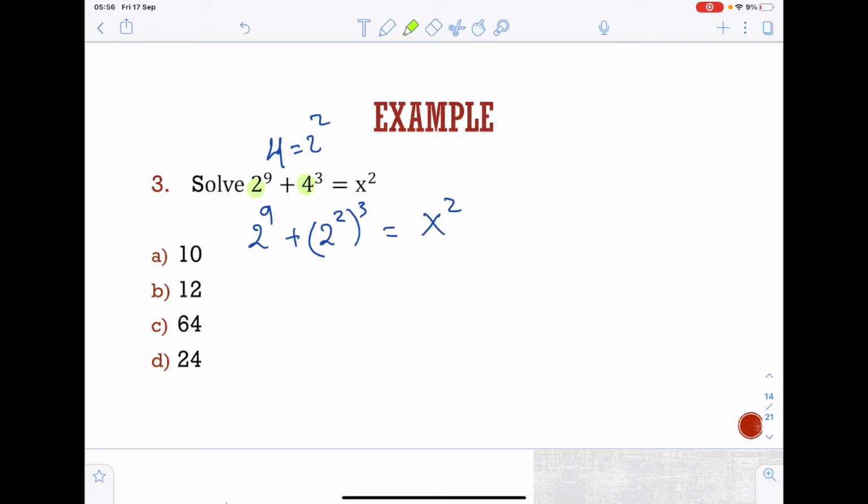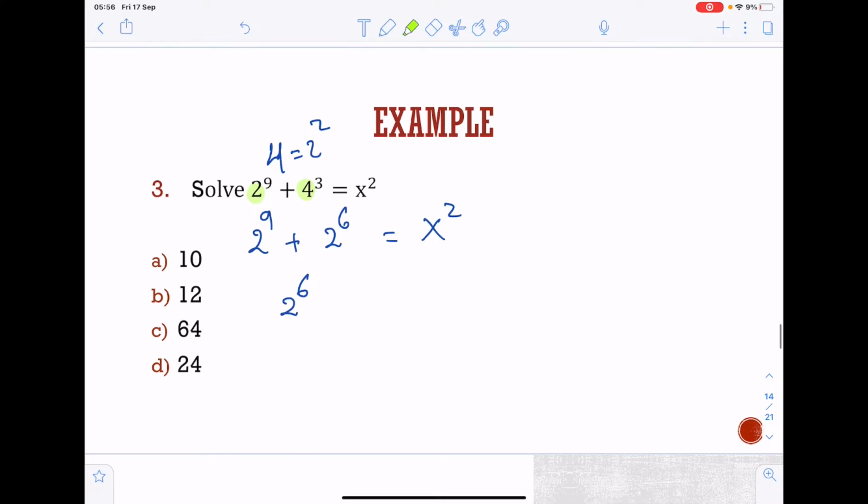Now in this one I can just multiply the powers, so I will get 2 to the power 6. Okay, so I will erase this one and write 2 to the power 6 directly. Now I will take 2 to the power 6 as a common factor. Be careful here, I can't add the powers since I have addition between the numbers.